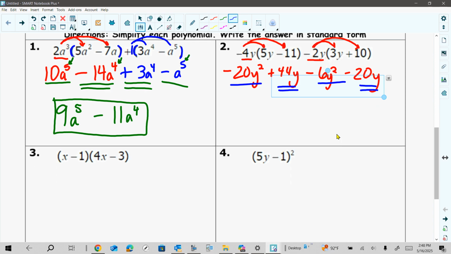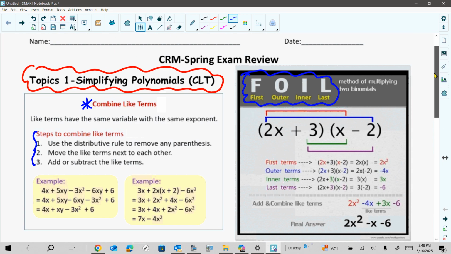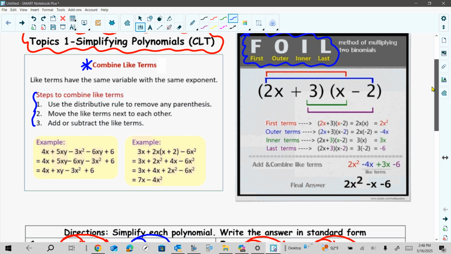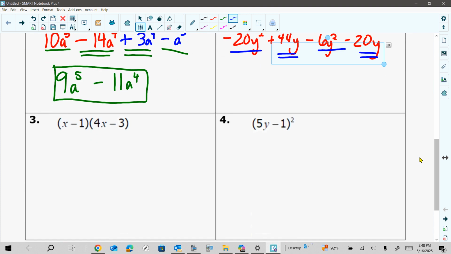Now, number 3 corresponds to this right side using the FOIL method, and I go through this example to help you. The acronym FOIL: F is for the first, then O is for the outer, then I for the inner terms, and then, excuse me, the L for your last terms.